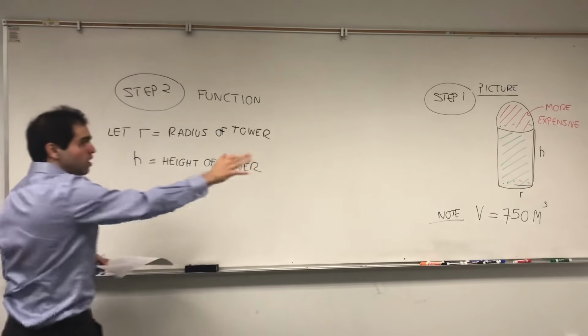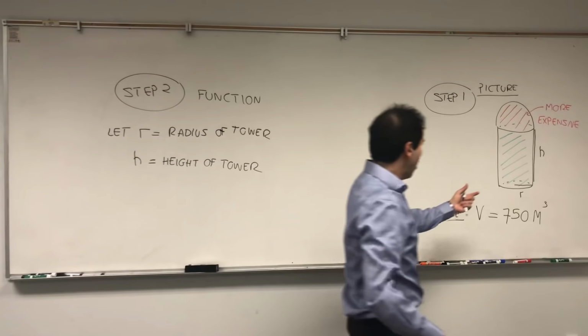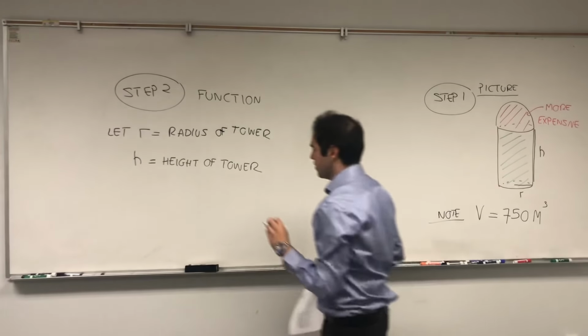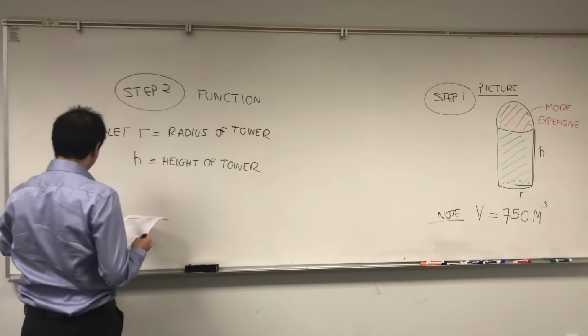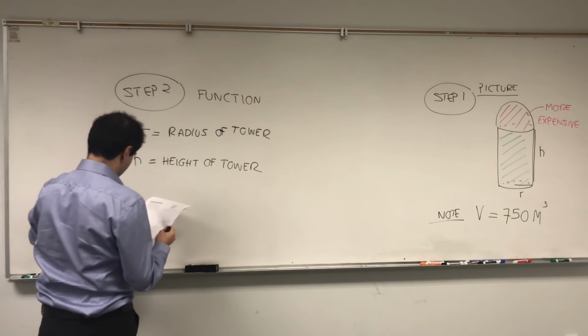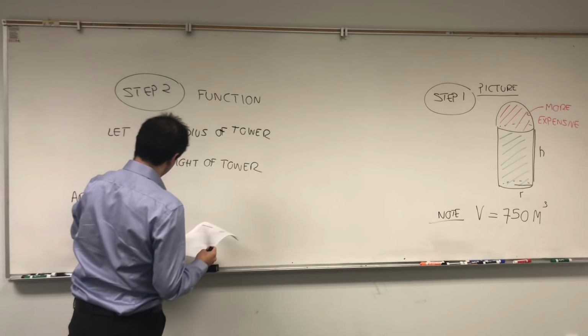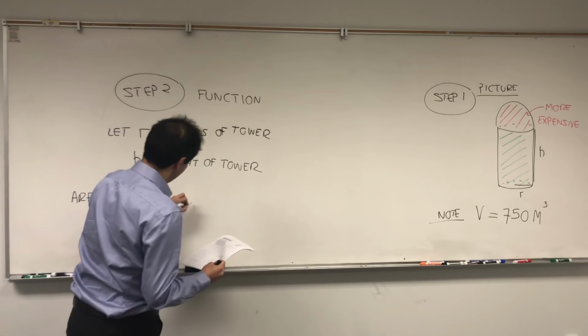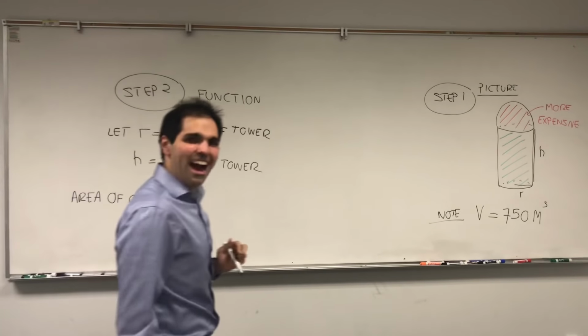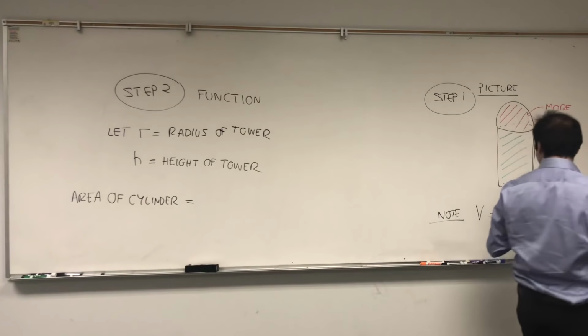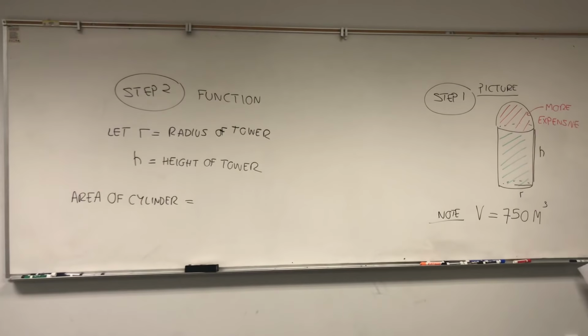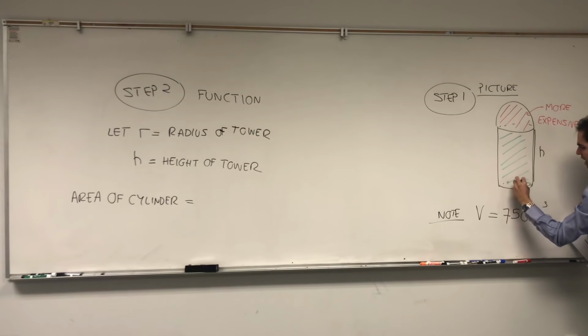So first of all, let's find the area of that cylinder. You have to be very careful here, and in fact that tricked me as well. It's not pi r squared times h. That would give us the volume of the cylinder, but what we need is just the area. So what do you have to do?